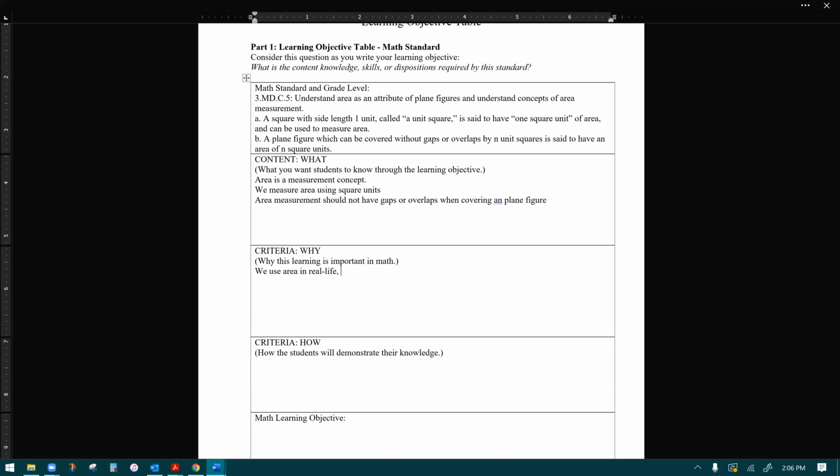And then I might give some examples like I carpet or tile a room, or I need grass for my yard, or I need to find the area for a space or an area for clothes I'm making, how much fabric I need to buy.